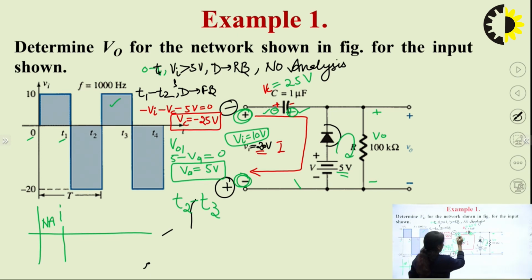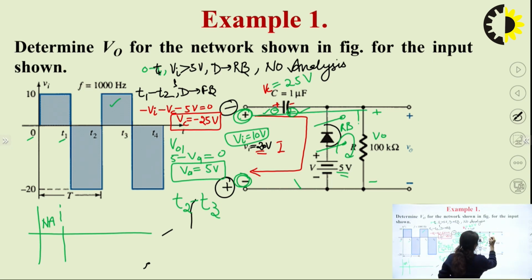Now, this positive and this positive together will make our diode reverse biased. So, when the diode is reverse biased, the current will be flowing through the outer loop, this green one.